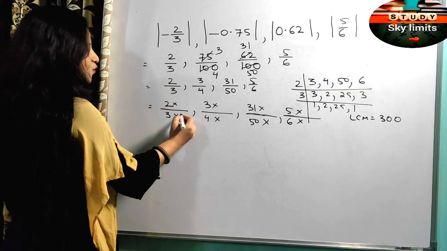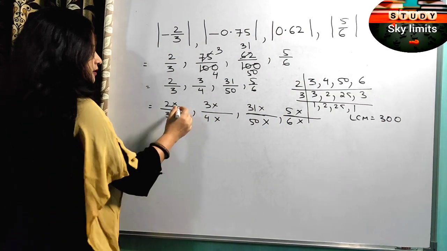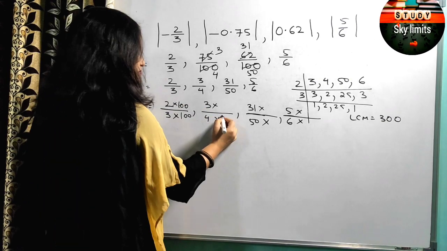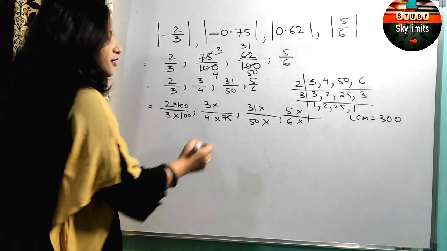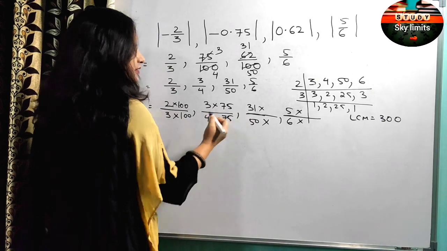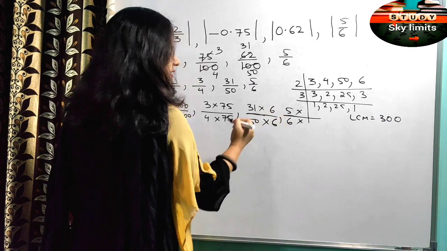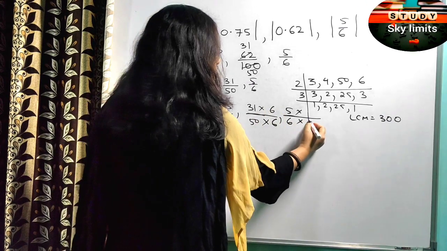So 3 multiplied to what is 300? Obviously 100. So multiply 100 here. 4 multiplied to what will give you 100? 75. Okay. So multiply 3 by 75. 50 multiplied to 6 will give us 300. So here also let us multiply 6 and 6 multiplied to 50.